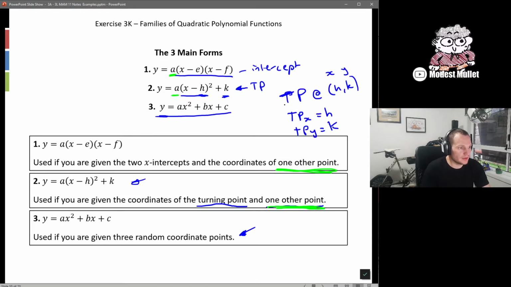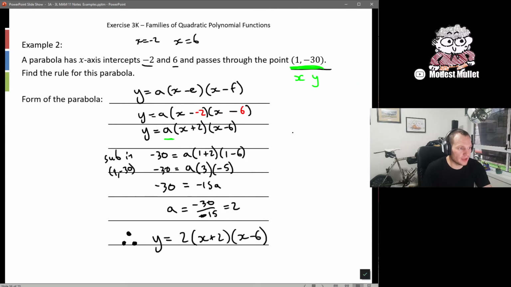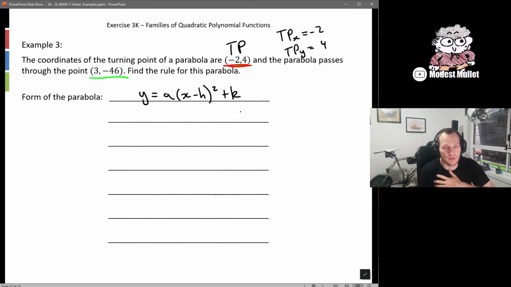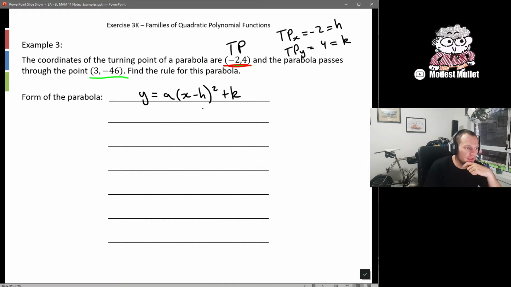And if we go back and look at this, I said that the turning point x coordinate we can always substitute in for h, and the turning point y coordinate we can always substitute in for k. So, y equals a(x minus h) all squared plus k is the turning point form. Again, in this one, we have to be careful with the sign in the standard form.